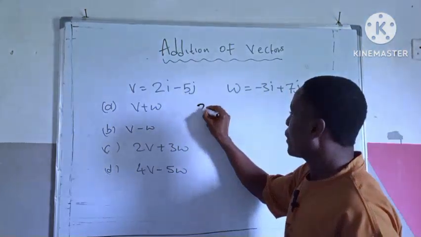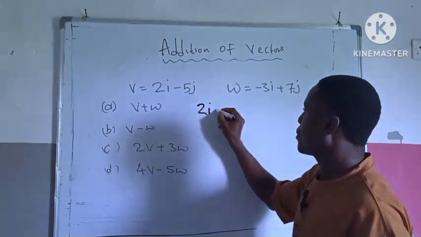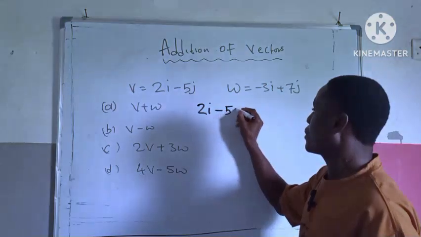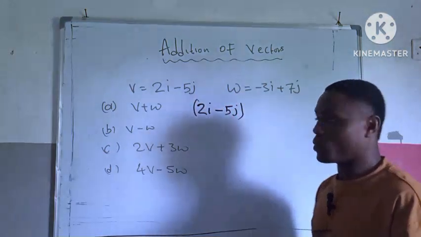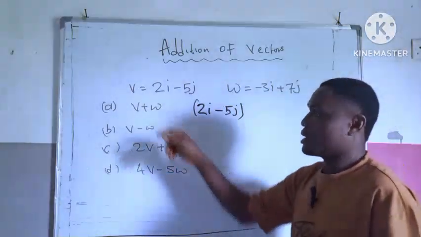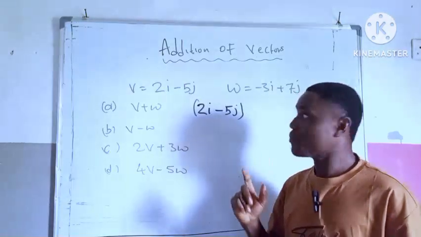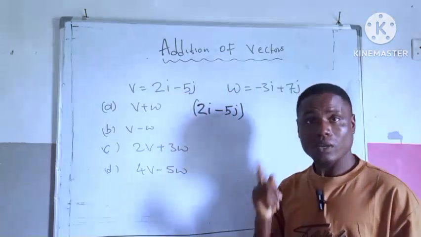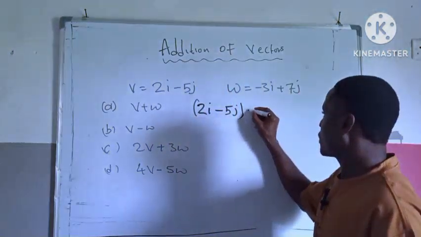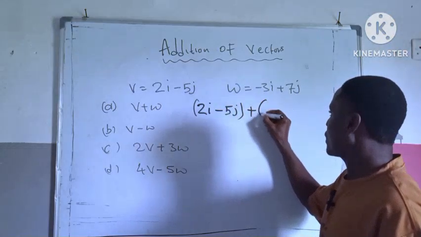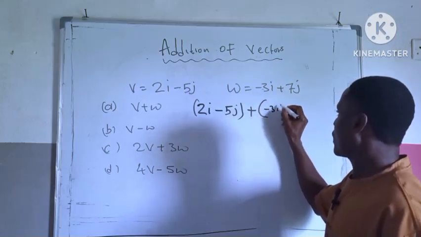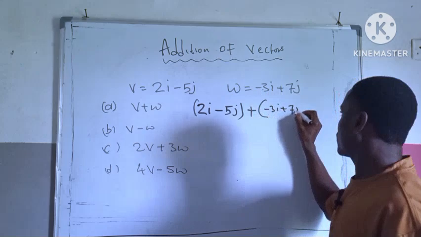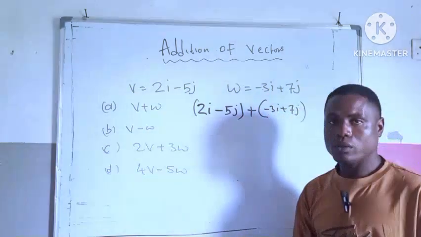So we have 2i minus 5j, bracket everything, bracket and close. The middle is what? Addition. We are asked to add. Take note of it, addition. So you must signify it with plus, then bracket open again, add this one, minus 3i plus 7j, bracket close.